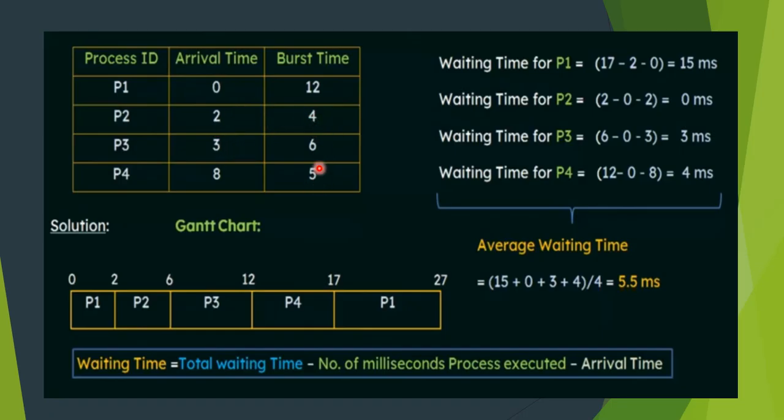We're now having 5, 6, and 12. But this one had arrived earlier, at time 3, which means the only process which is now supposed to come in and use the CPU is process 3, because process 4 is still way ahead.